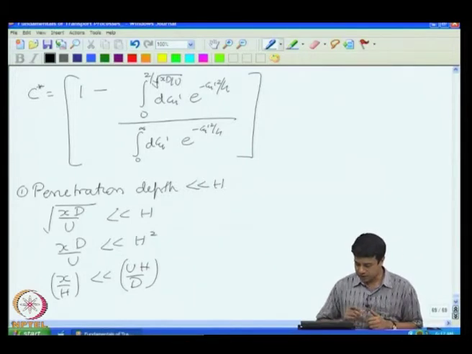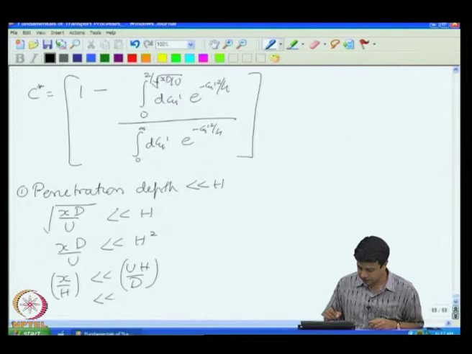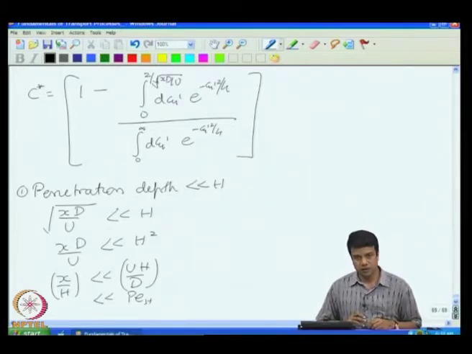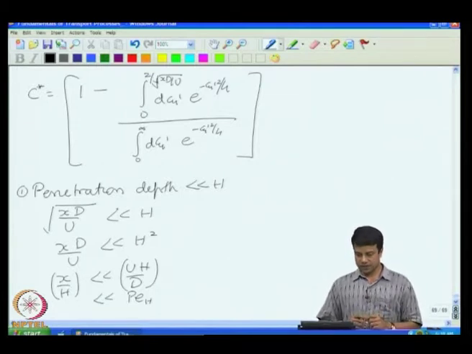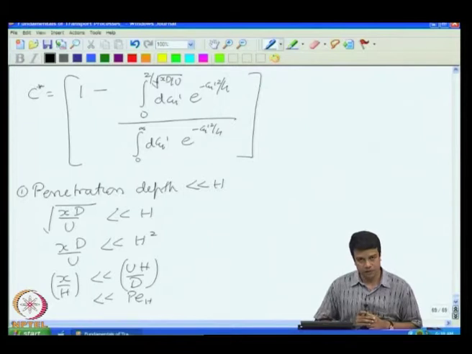u h by d is also effectively a Peclet number based upon the length scale h, the thickness h. So, the first assumption, that the penetration depth is small compared to h, holds when the ratio x by h is small compared to the Peclet number. Therefore, the solution will be valid for distances large compared to the thickness h only if this Peclet number is large.